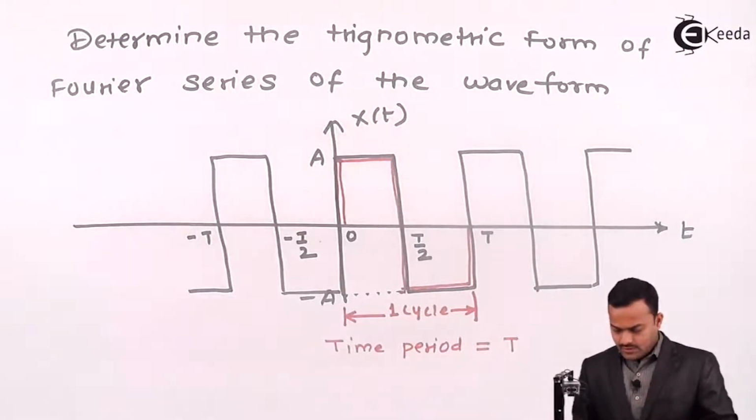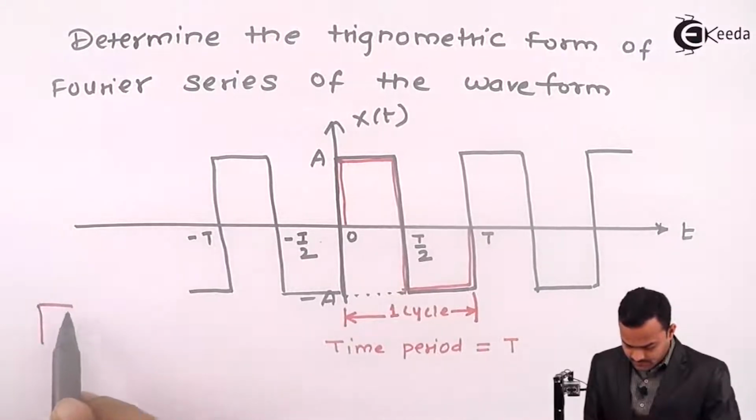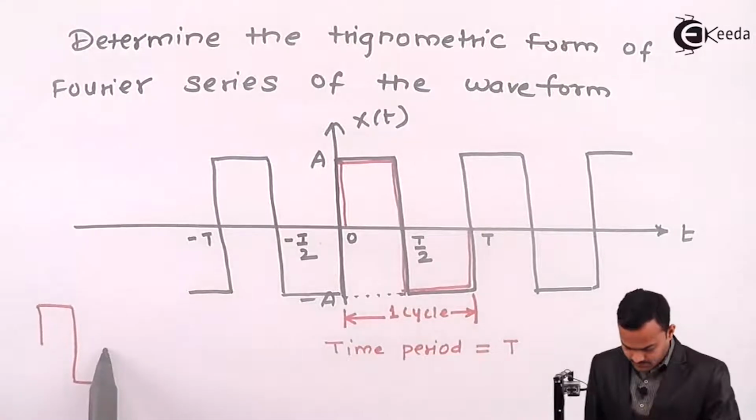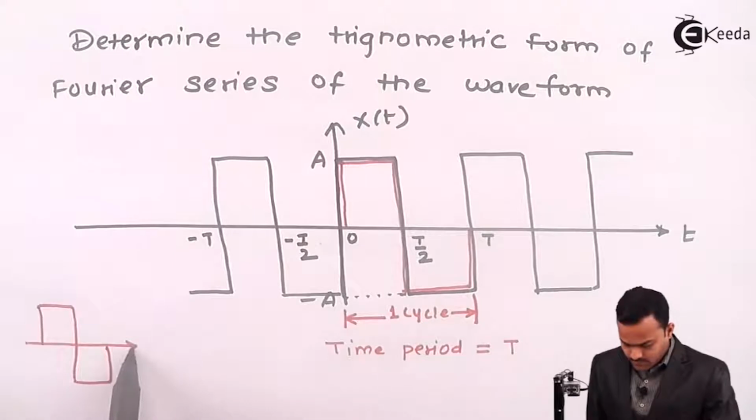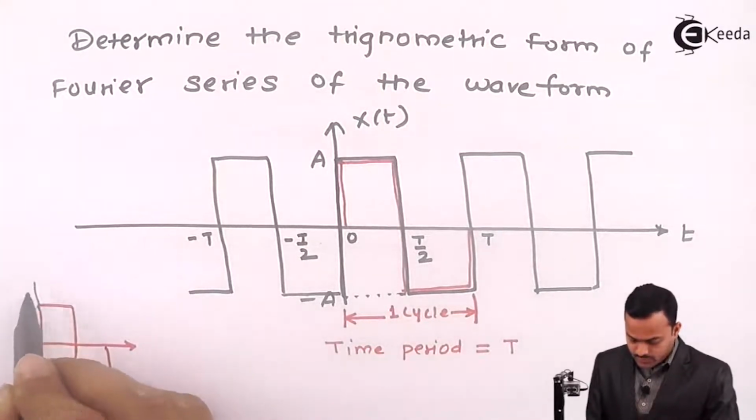So now I will take this cycle aside. I will get it like this. Why is this required? Because now the waveform we are going to convert into an equation.